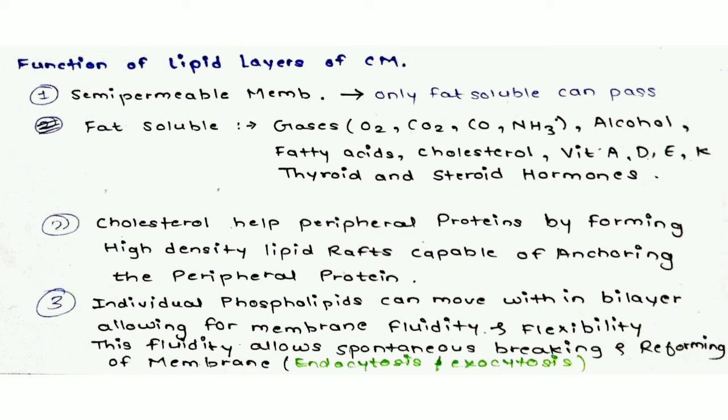But for now, peripheral proteins are a type of protein present in the cell membrane that are on the periphery of the cell membrane, so at the end parts of the cell membrane. It is hard for them to attach because phospholipids are soft and oily. So cholesterol provides them a high density anchoring point, a high density lipid attaching site, so they can go and attach there.